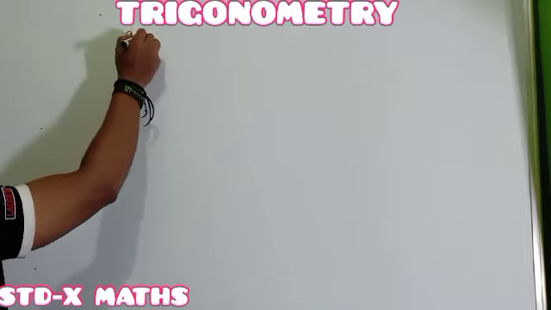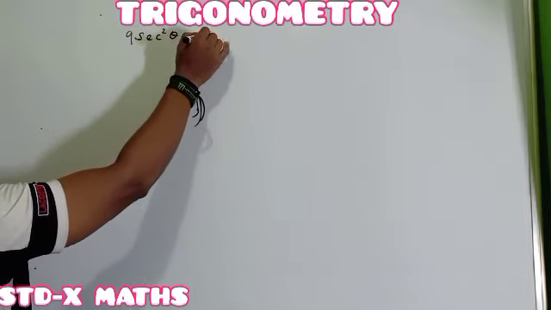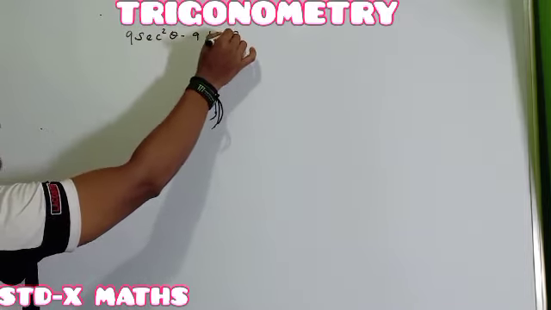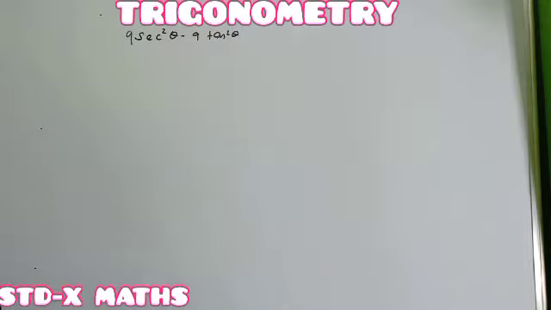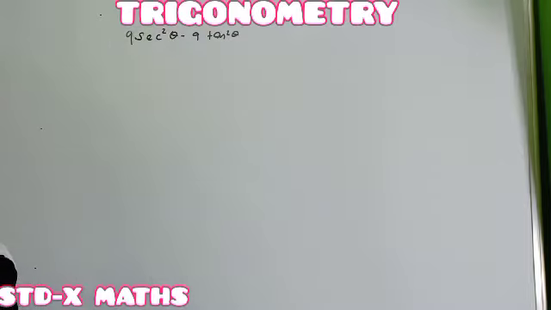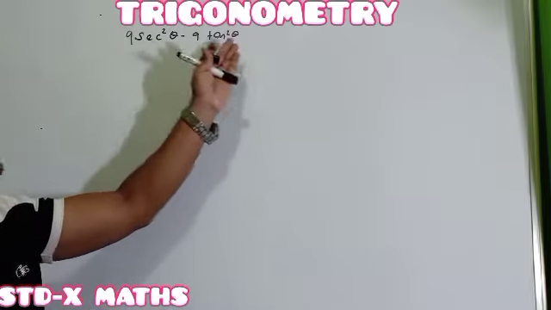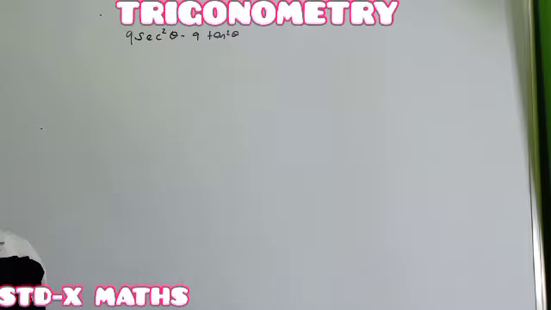Suppose it is given 9 sec square theta minus 9 tan square theta, and you have to find or solve it. No specific angle is given, here it is theta, the general case. Both are not complementary angles, like 10 and 80, or 20 and 70. Whenever normal angles are given, how do we solve this type of question?